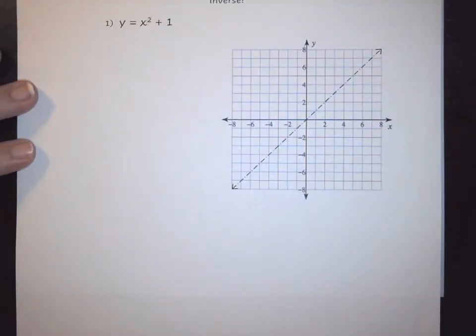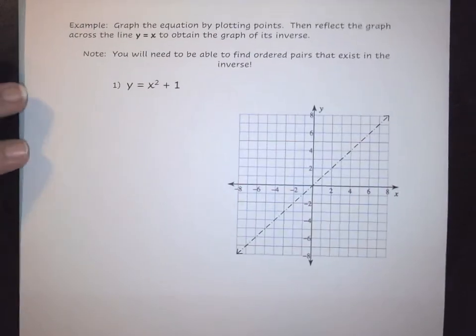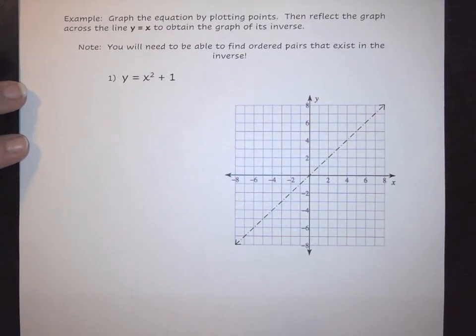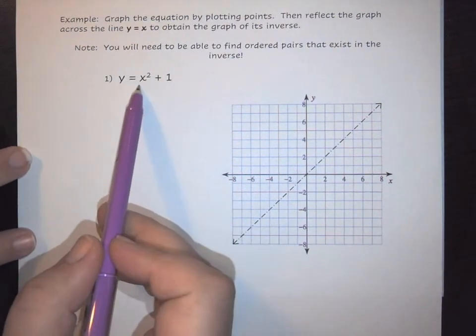To demonstrate that, we've got this example here. In this example, we want to graph the original, and then we want to graph the inverse. Whenever you're working with inverses, knowing that it reflects over the y equals x line can be very helpful. However, you do need to make sure that you can always identify the ordered pairs that exist within your inverse. Here I have y equals x squared plus 1.